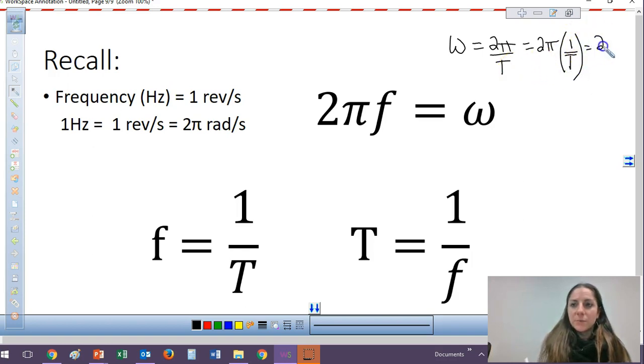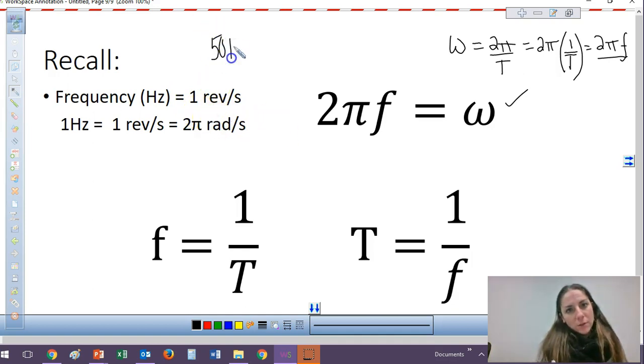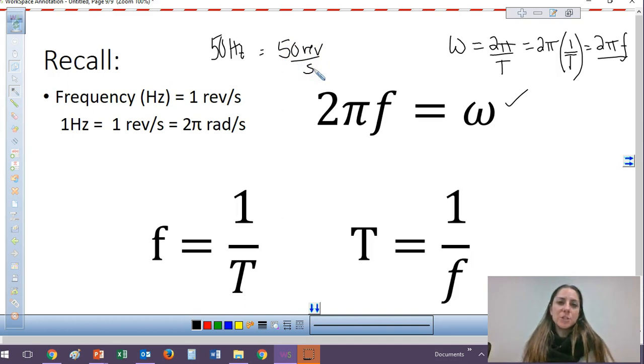And then I could replace the 1 over period with an f. So that's where this comes from. Just another way of expressing things. And then if you notice, if you can get omega, you can find f and T because you can make any of these relationships. So frequency is revolutions per second. So that's another way we can convert. If you have a frequency of 50 hertz, it's the same as saying 50 revolutions per second. And that's actually pretty useful information when solving problems. So I'll leave this here as just extra information.